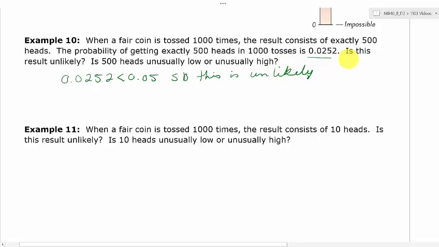Next it says, is this result unlikely? And the answer is, it is unlikely. Then, is 500 heads unusually low or unusually high? Even though this probability is low, we would expect about 500 heads.